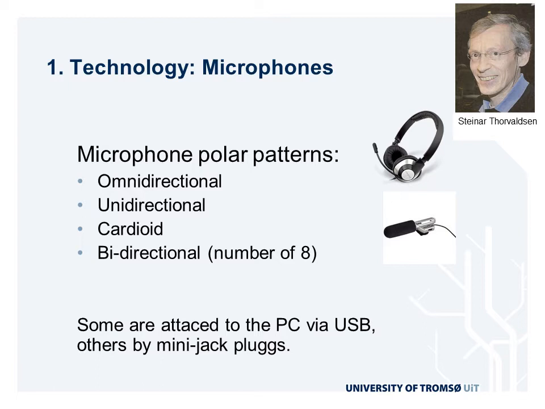The unidirectional microphone records sound in one direction only, and cardioid records sound across a broader pattern at its front. The bidirectional microphones record sound from two directions, like the number 8. Some microphones are attached to the PC via USB, others by mini jack plugs.